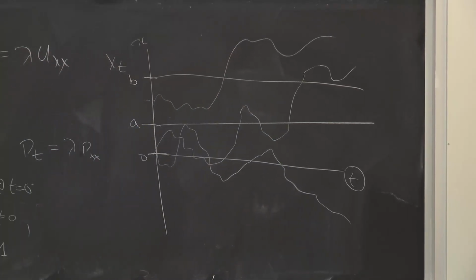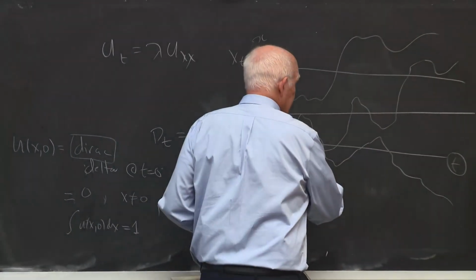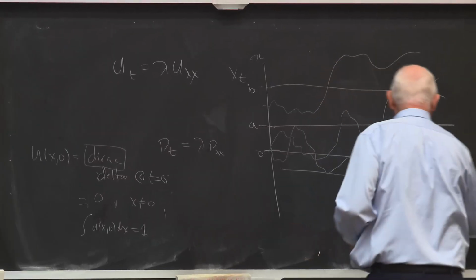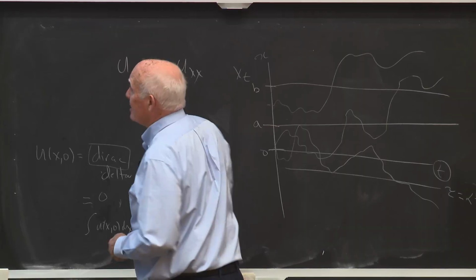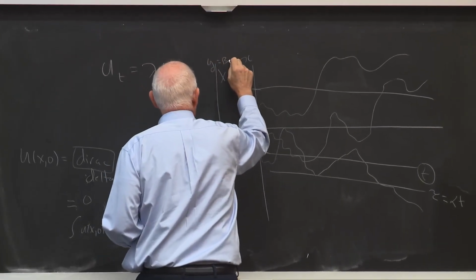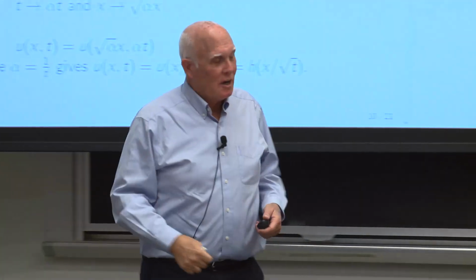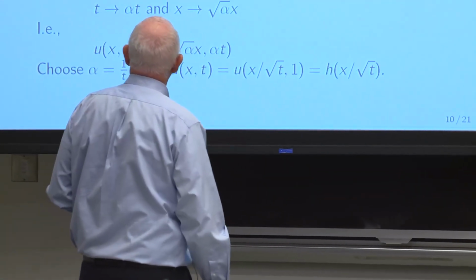And so what if we were to rescale time to a tau, which is equal to alpha t, and we were to rescale x to a variable y, which is equal to some beta x. So we're just changing the units of time and the units of space in a constant way.